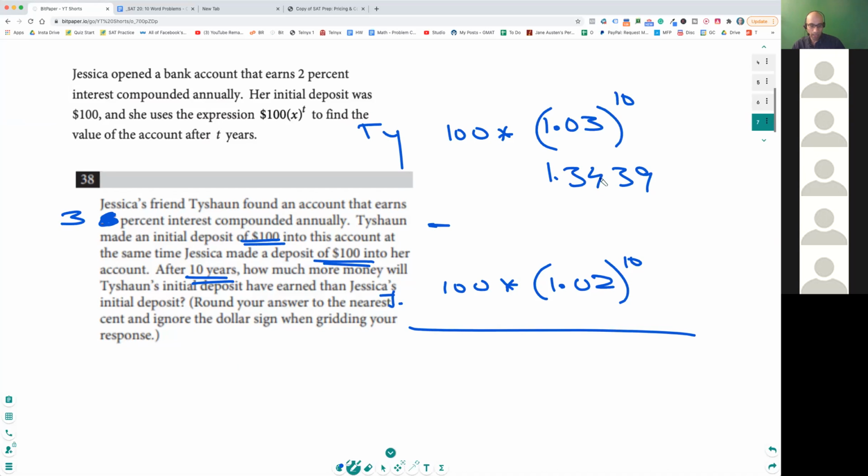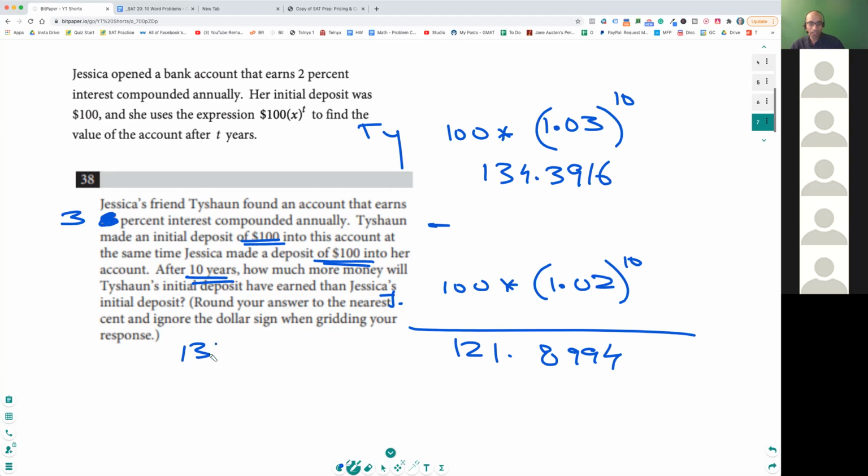So I multiply it by 100 and I get 134.3916. Then this one over here is 1.02 to the 10th power. That's 1.21899 multiplied by 100. You get 121.8994.